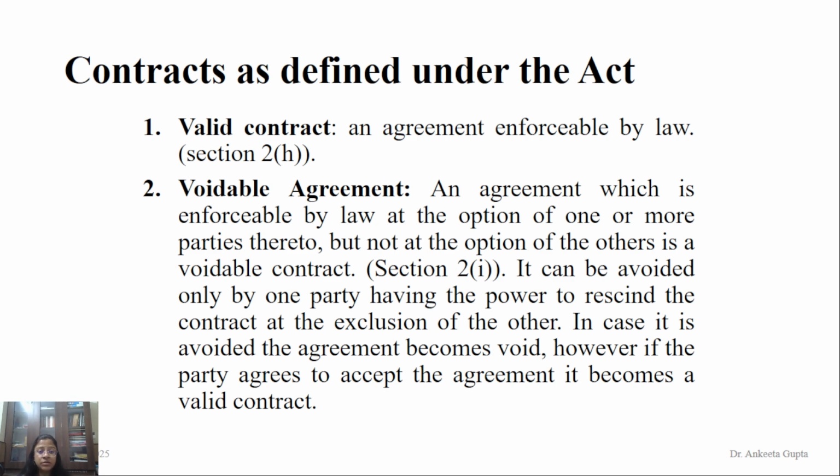A voidable agreement, on the other hand, is an agreement which can be enforced only by one party as against the other. It can be avoided by only one party, having the power to rescind the contract to the exclusion of the other. This could be primarily because one of the parties may have misrepresented.